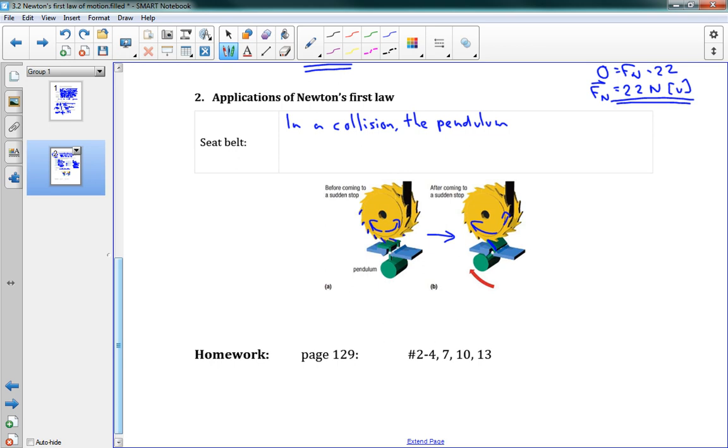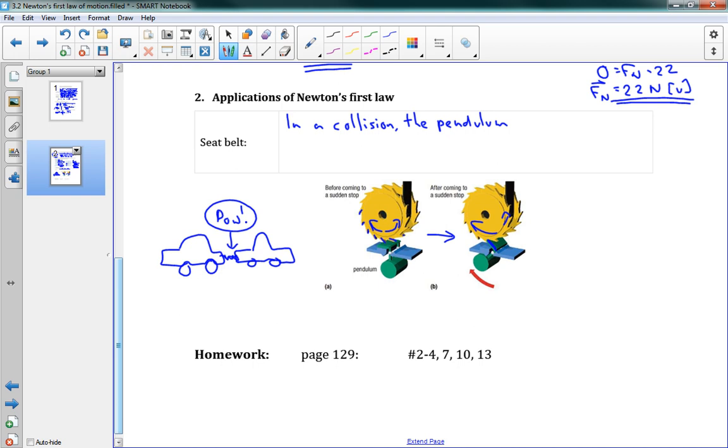And this is to hold you in place. The idea is that if we get into a collision, let's draw a little collision here. If we get into a collision, there's two cars here. And pow, they smack into each other.